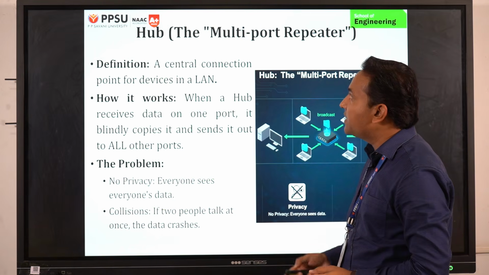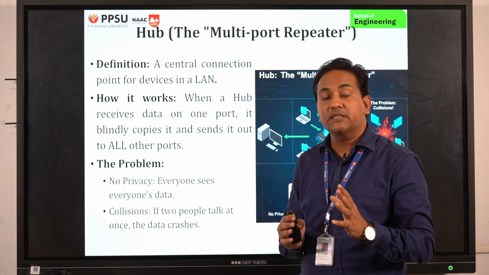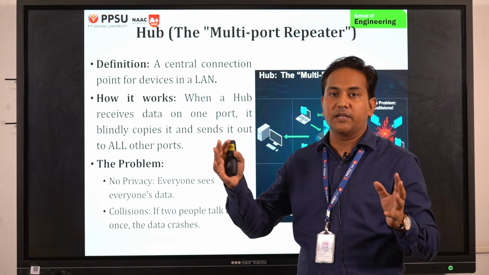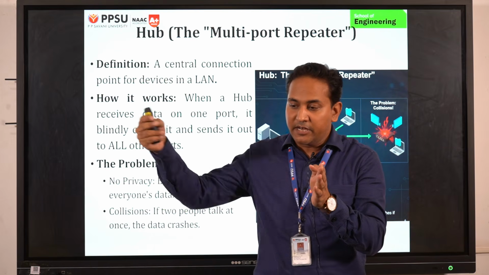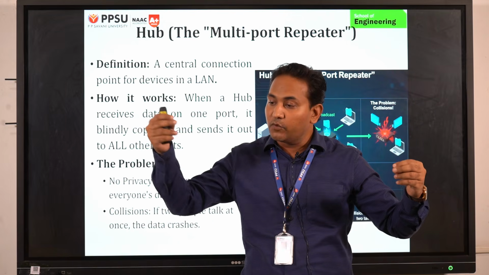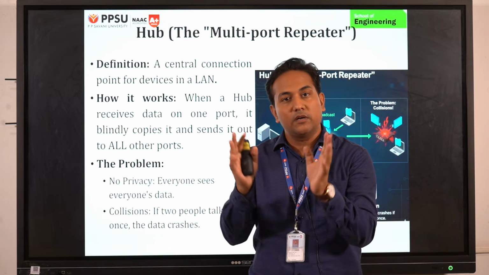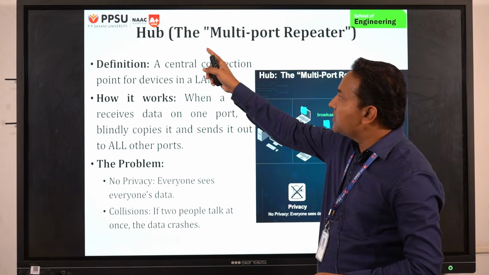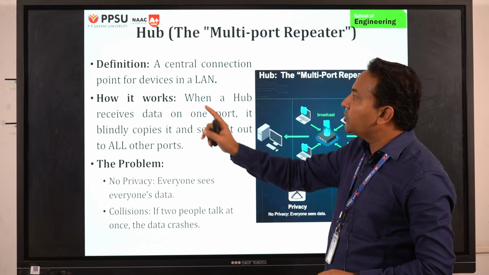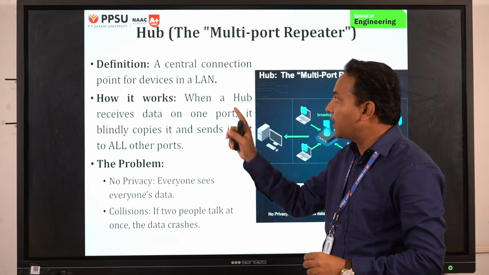Now, the next device is the hub. A hub is also a repeater, but it is a multi-port repeater, because in a repeater there is one input and one output. But if you want to send that one input to multiple devices, you need a multi-port repeater. So the hub is a central connection point for devices in a local area network.